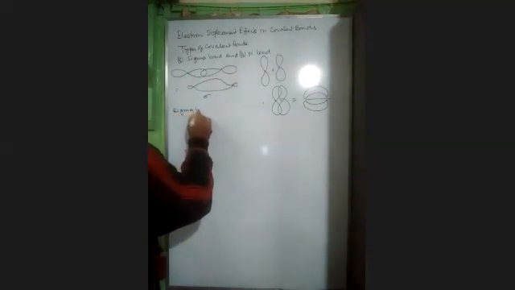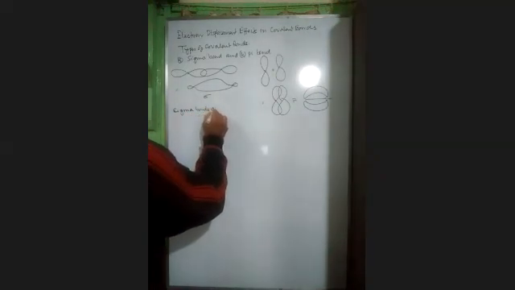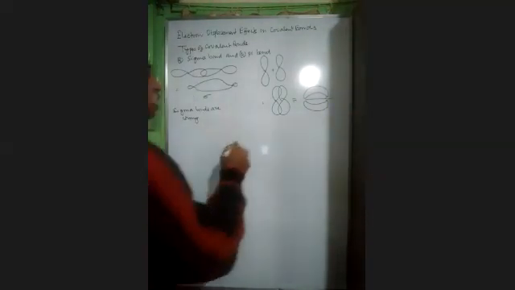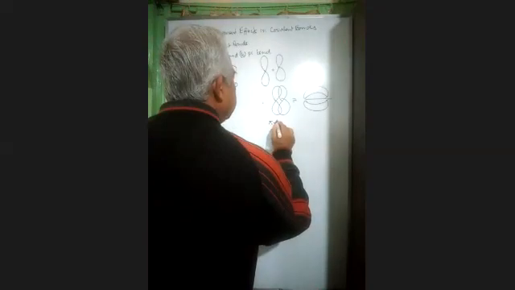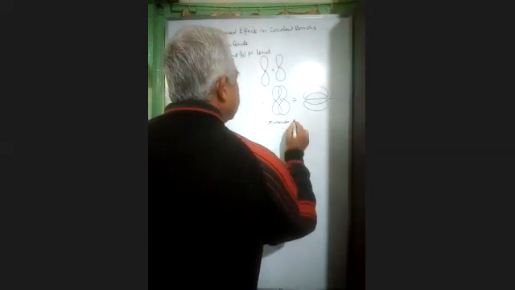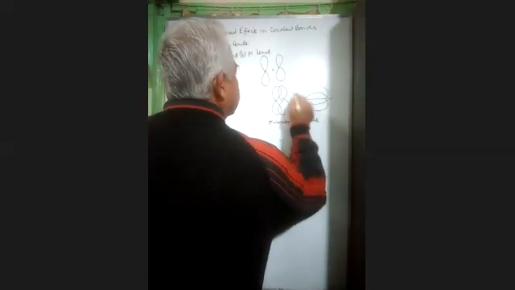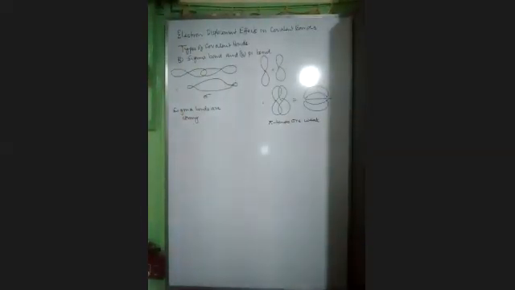Sigma bonds are strong because they have maximum overlap, and pi bonds are weak because they open up. Please write. Then after that we'll discuss. Everything you should know. And these are not difficult.